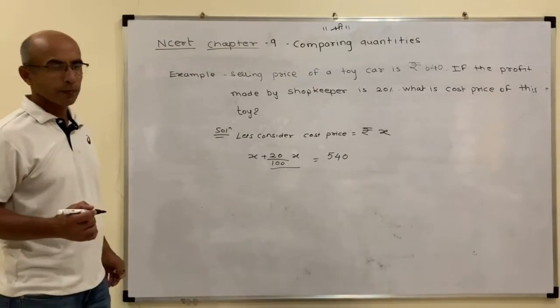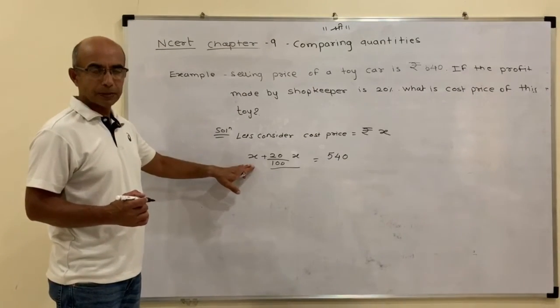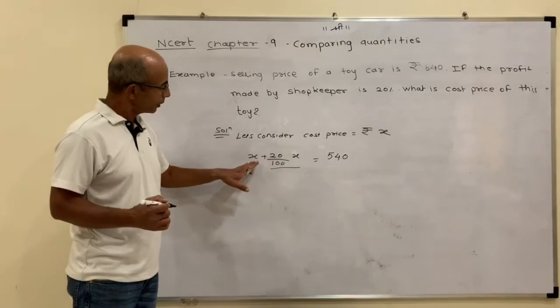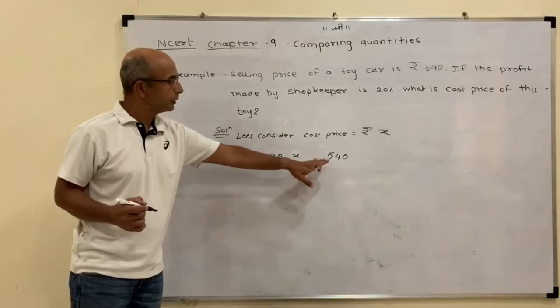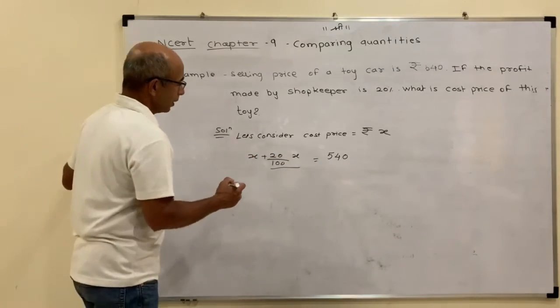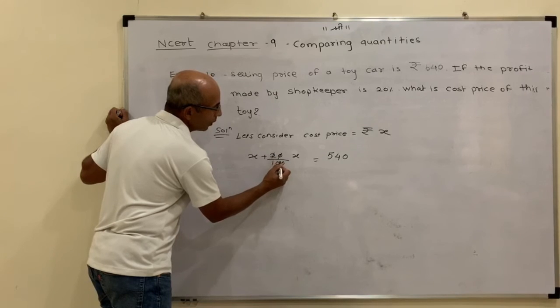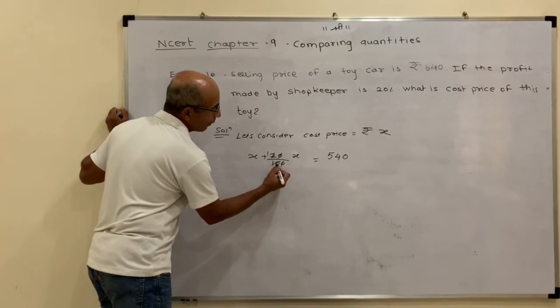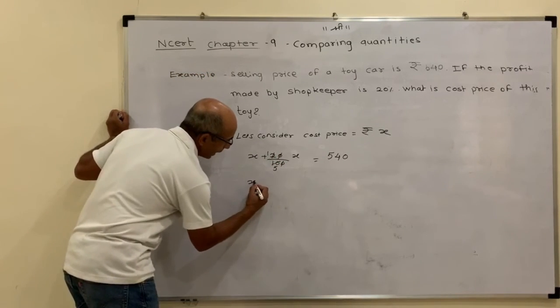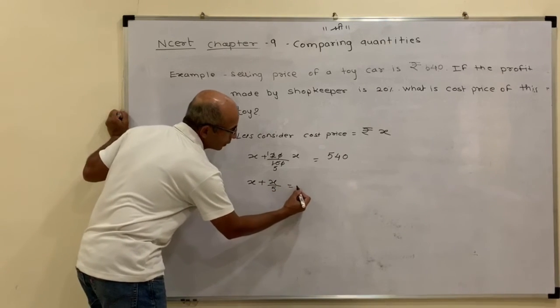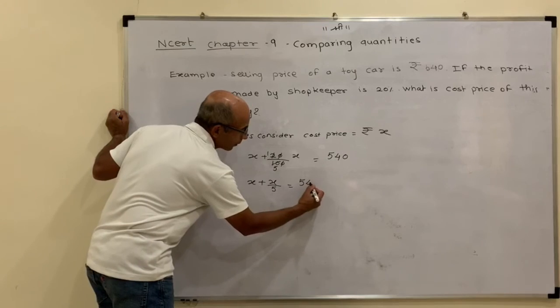This X is my purchase price, this is my profit, since profit is on the purchase price, and this is my sale price. Now I simplify this. So it comes out to be X plus X divided by 5 equals 540.